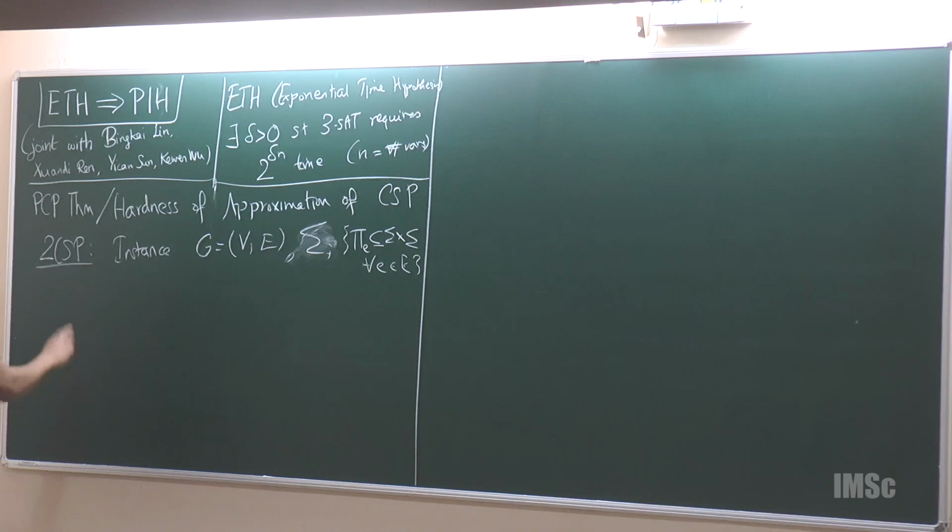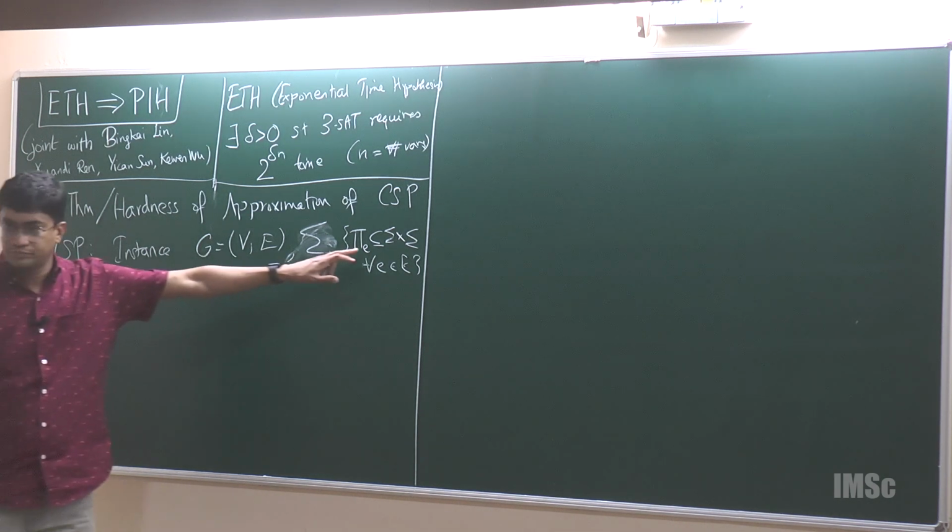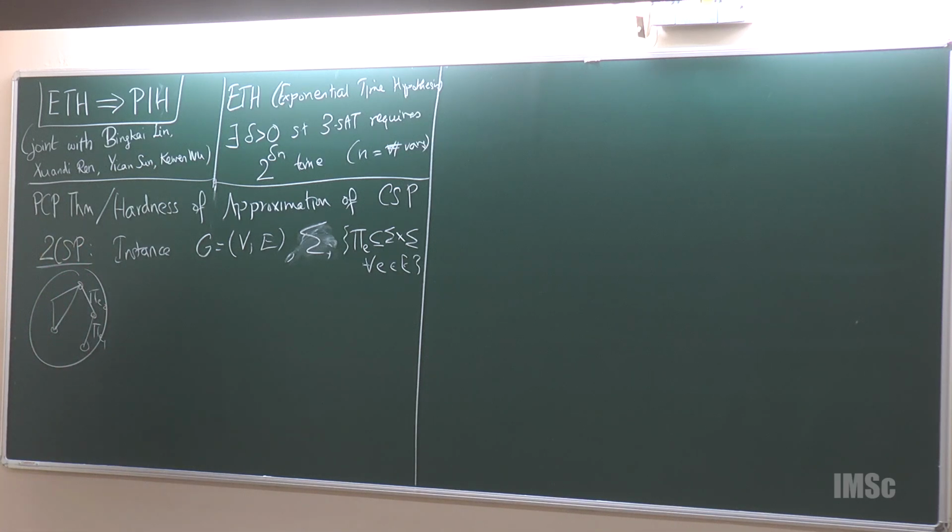The picture is that you have a graph with some edges, and for each edge there is a relation pi_E1, pi_E2, and so on, which is just a relation on sigma. And what is your goal?